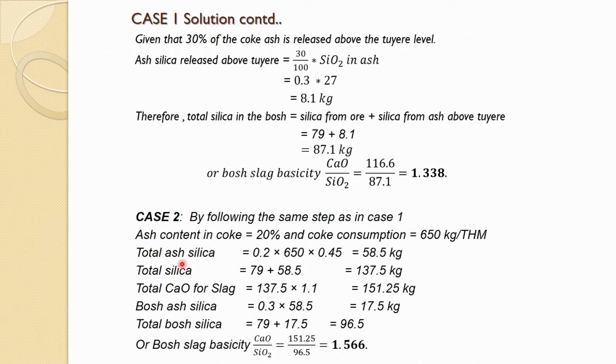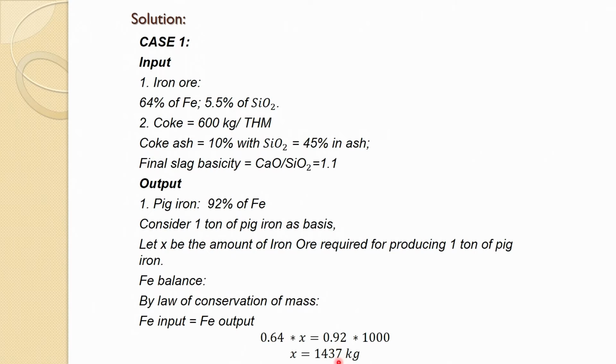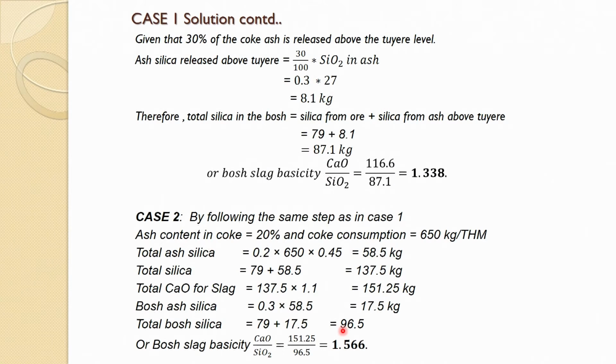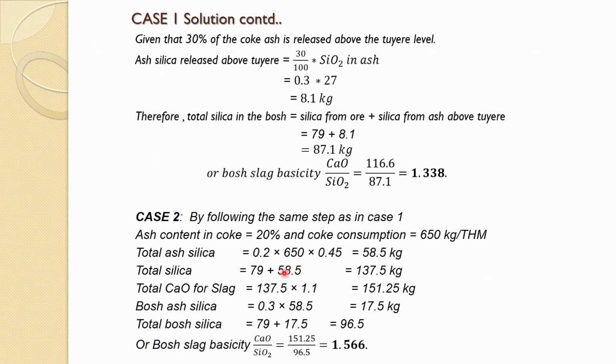Now, iron ore is not changing. So, whatever it was before, 1437 kg, it is the same. Percentage of SiO2 is also the same in that, which we calculated as 79 kg. So, total silica would be silica present in the ore plus silica present in the coke, 137.5.